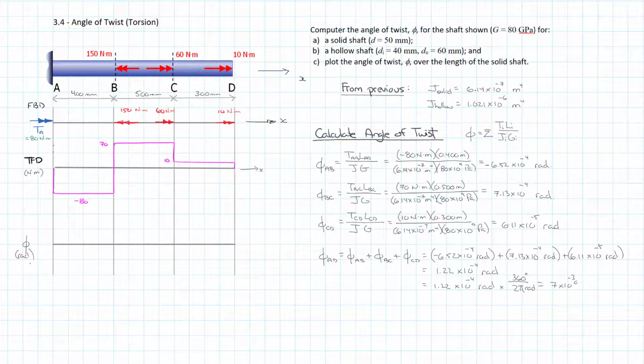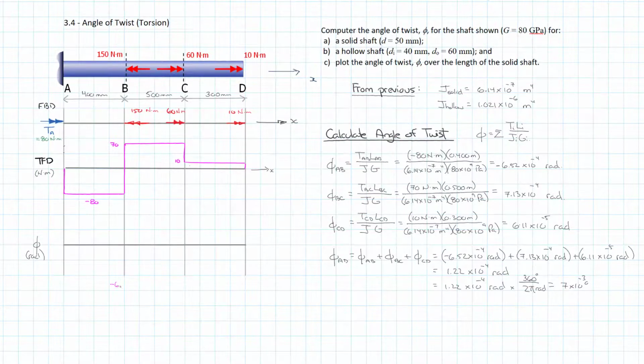So if we had a negative torque, it's going to take us with negative deformation. So the first one, we know that the amount of deformation over AB takes us to a negative 6.52 times 10 to the minus fourth, and it will be linear over that length.